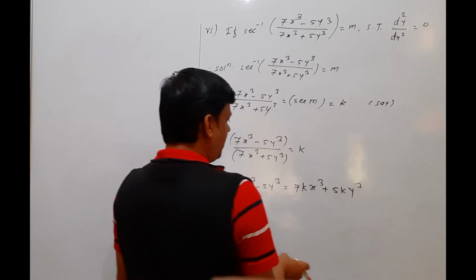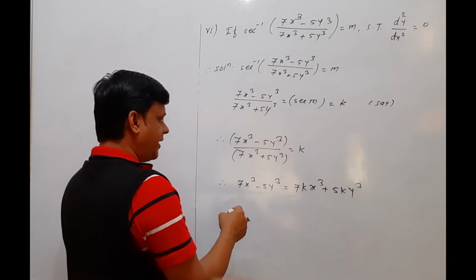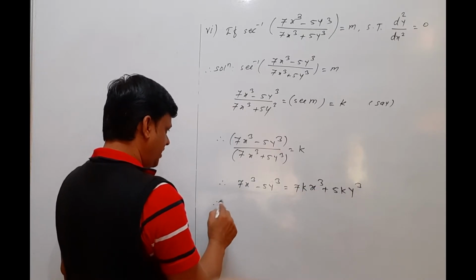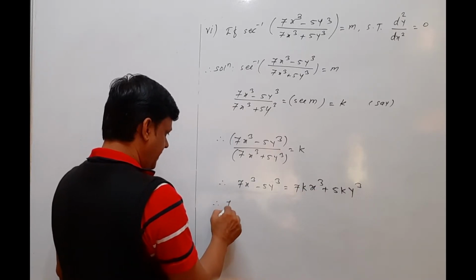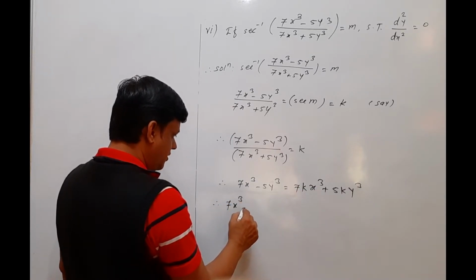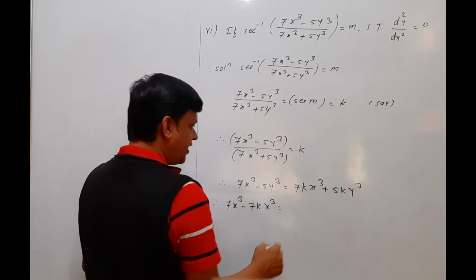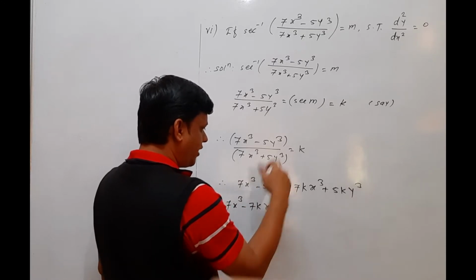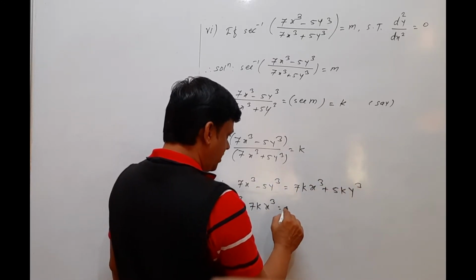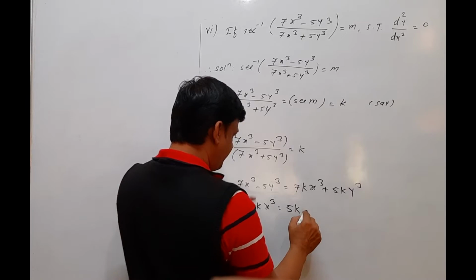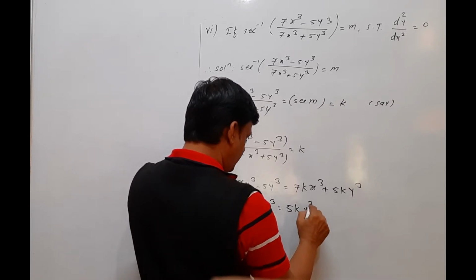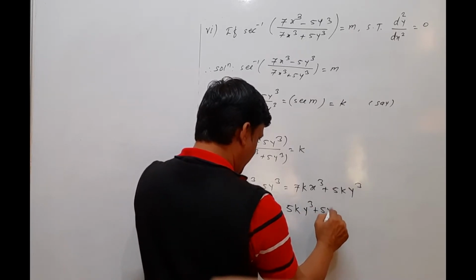Now transfer the terms of variable x to left hand side. So we write here 7x cube minus 7k x cube is equal to, we transfer this minus 5y cube to right hand side. So write here 5k y cube plus 5y cube.